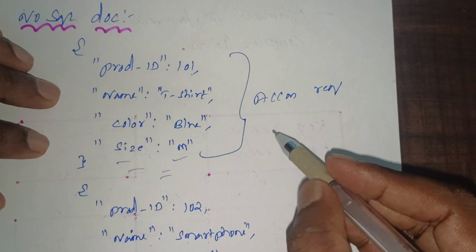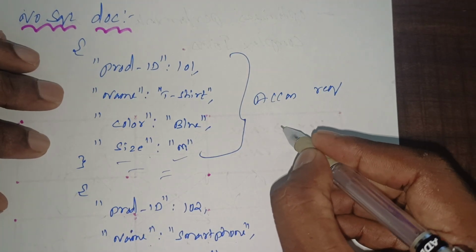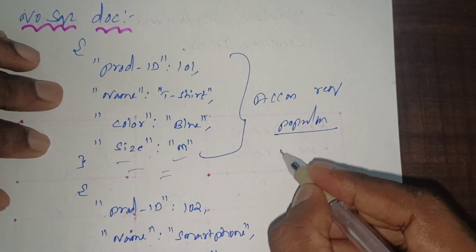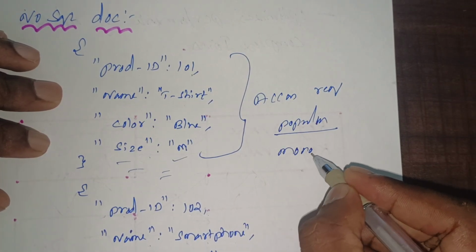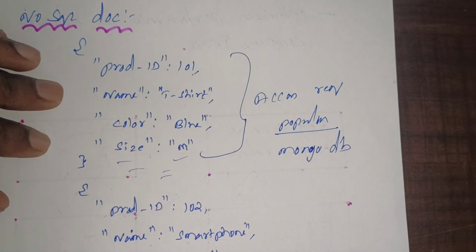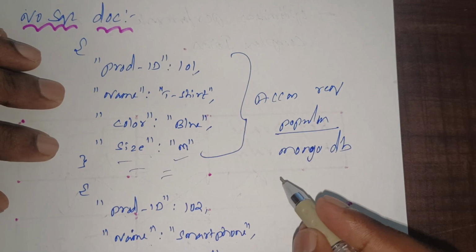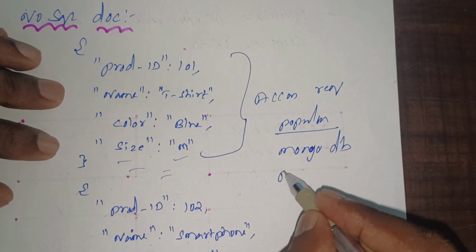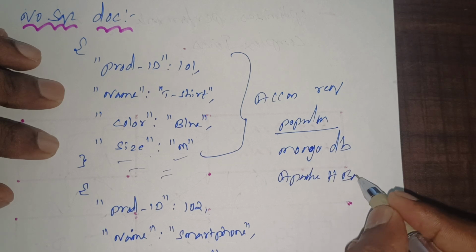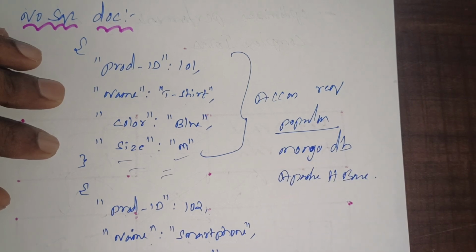So I can point out some popular NoSQL databases, for example MongoDB. We have MongoDB, which is very famous, and I hope you remember Apache HBase, which are all very famous in this market.